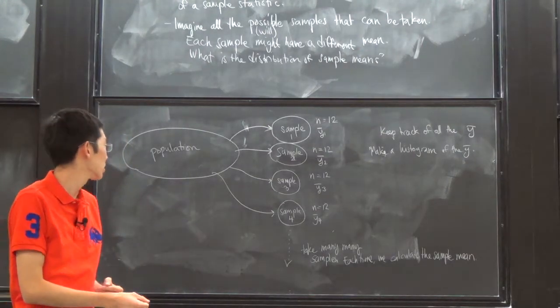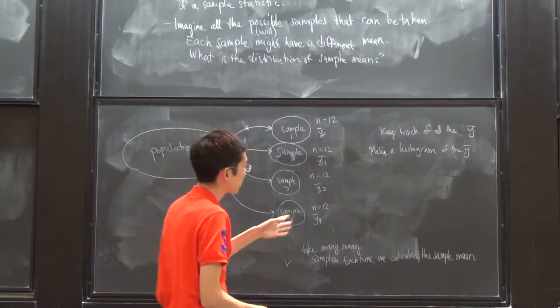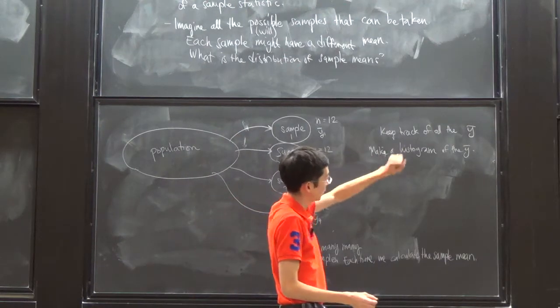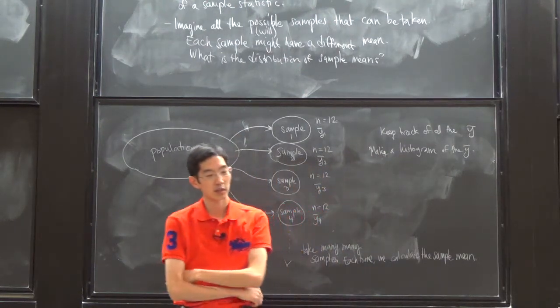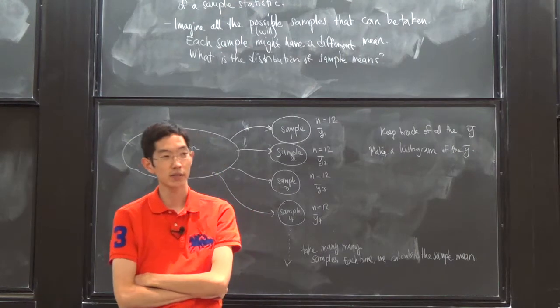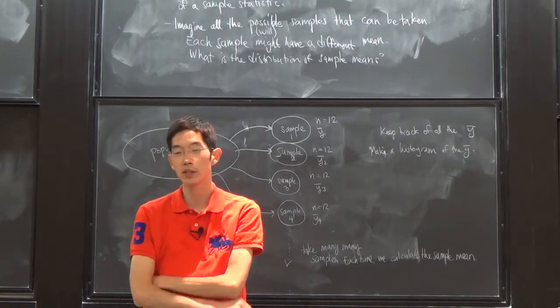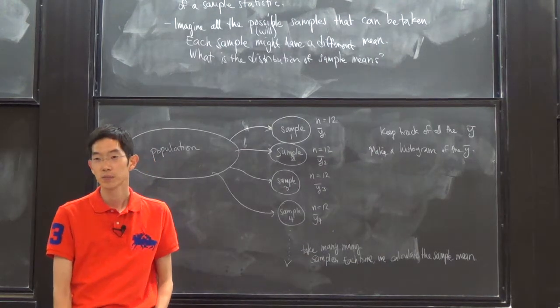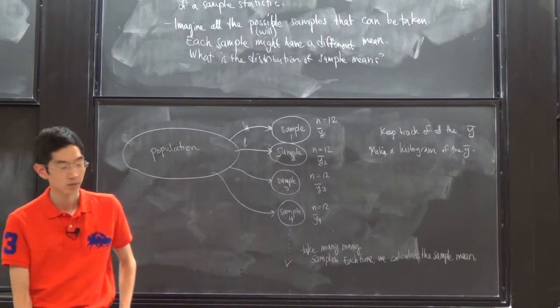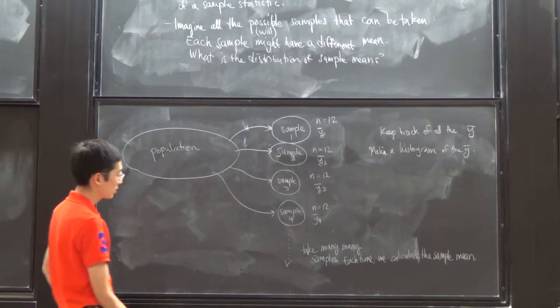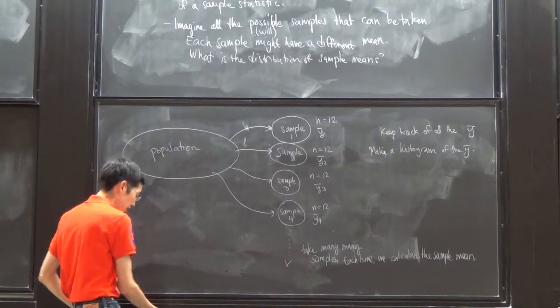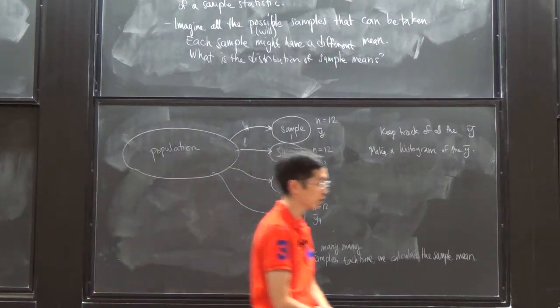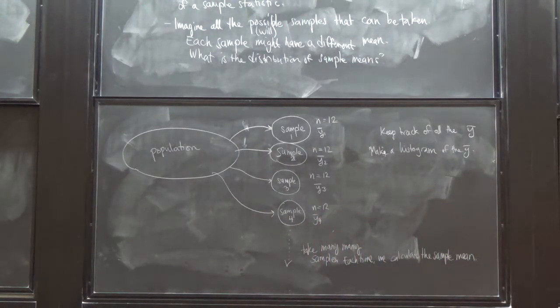What kind of properties will the distribution of y bar have? Or what will this histogram look like? Well, this is the discussion of the sampling distribution. So shall we try this out?